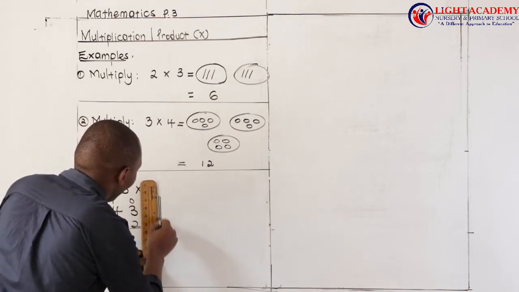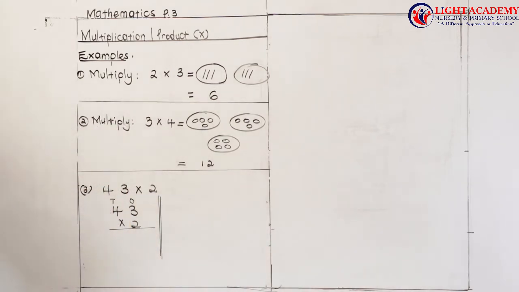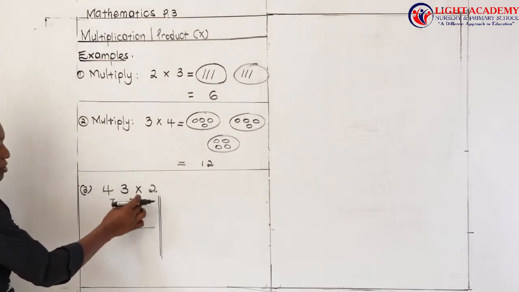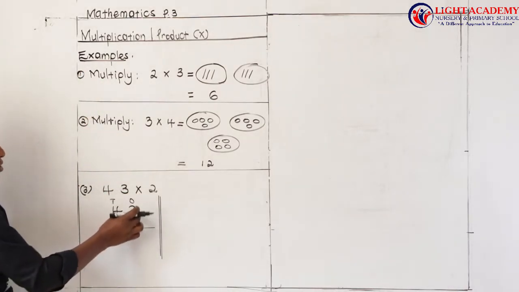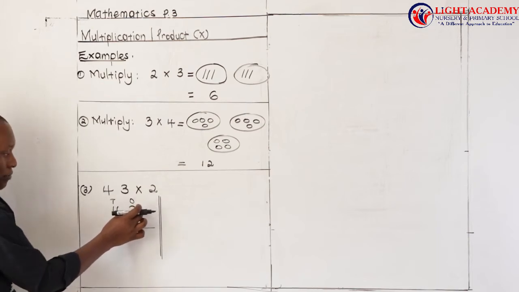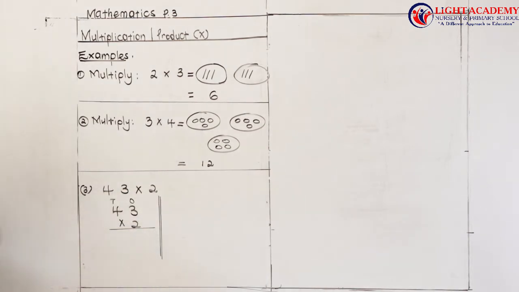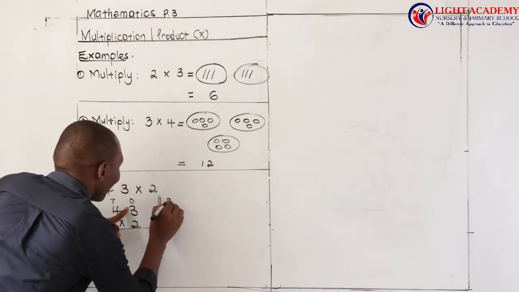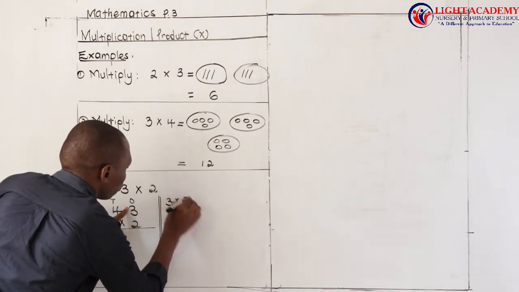When we are multiplying these numbers vertically, we look at the numbers in their place values. The first number from the right is 3, which is under the 1's place value. Therefore, on my side work, I will say 3 1's multiplied by 2.